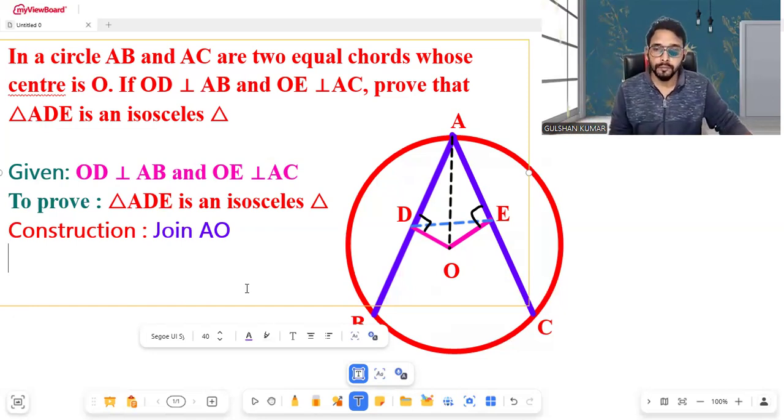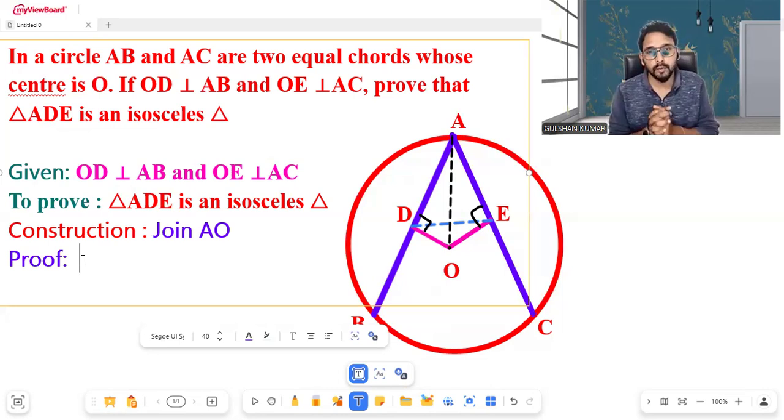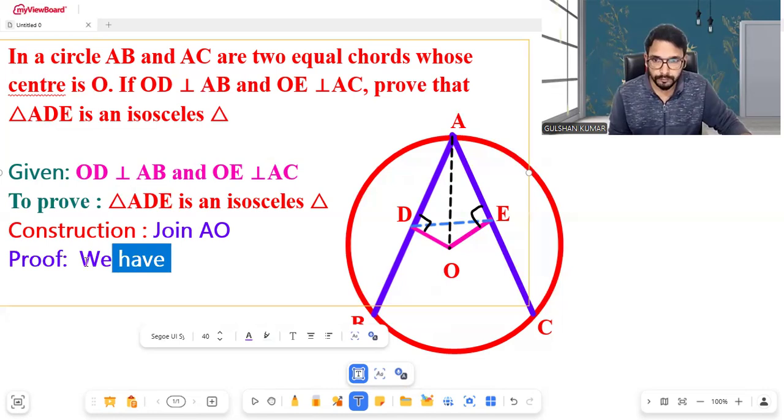Now we are starting with the proof. Both OD and OE are perpendicular to AB and AC.